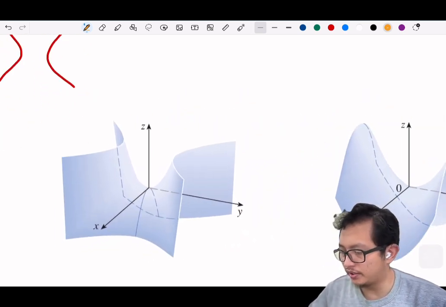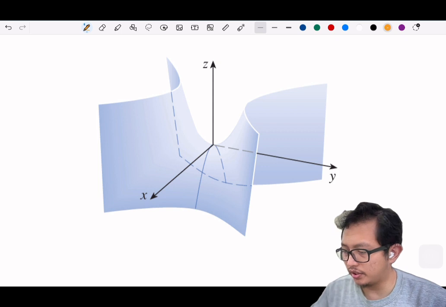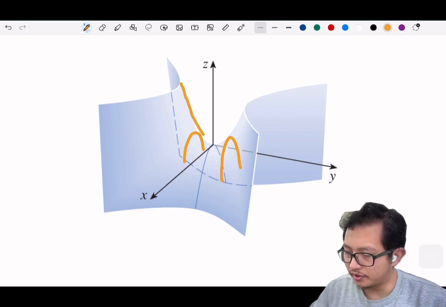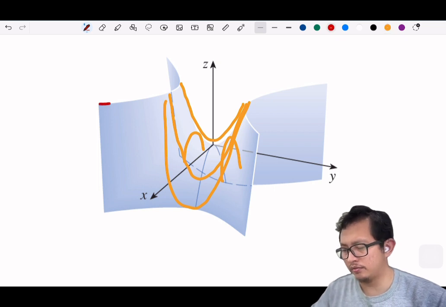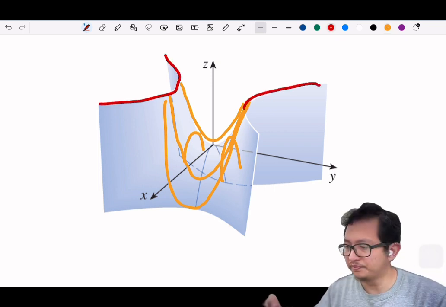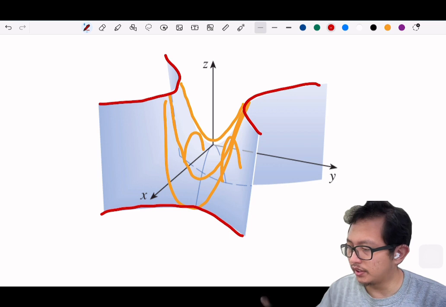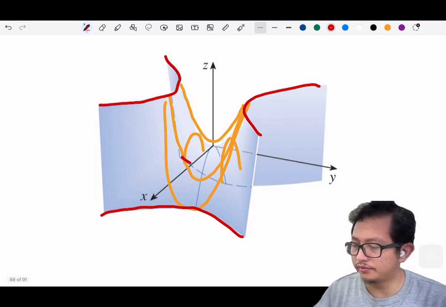So we can write here that these are actually the possible forms. So we could have this part, and also this part, and this will be the hyperbola.